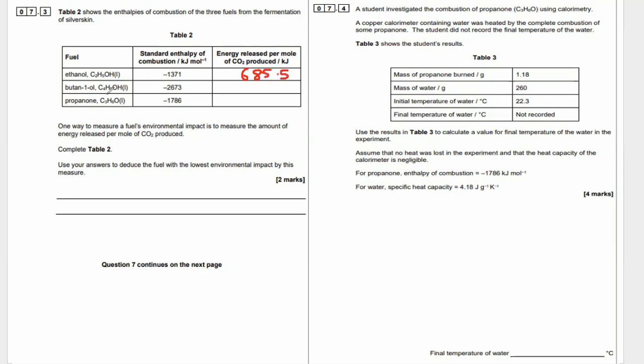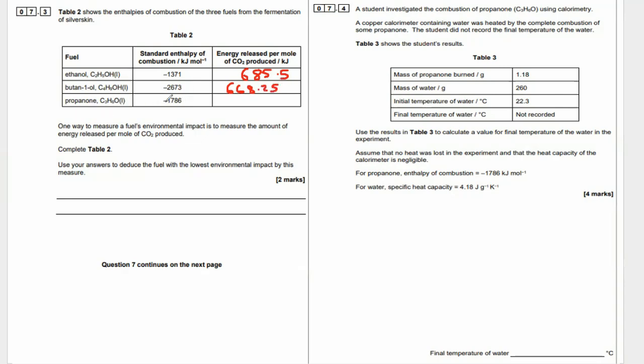685.5. Now, there are 4 carbons in butanol, and 1 molecule of butanol gives out minus 2673. So let's divide 2673 by 4, and we should get 668.25. You could round it to 668.